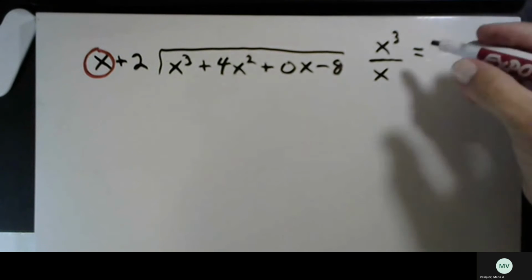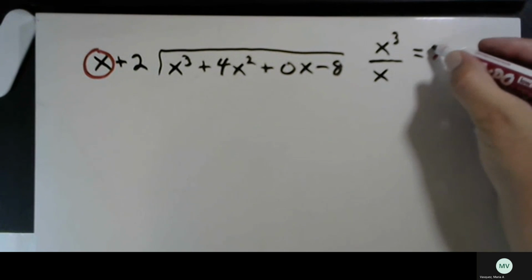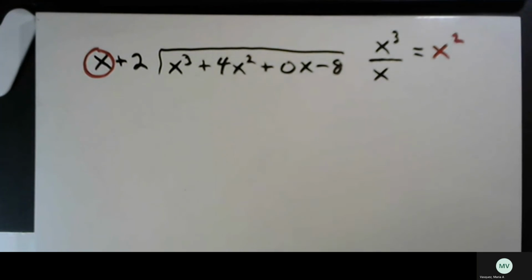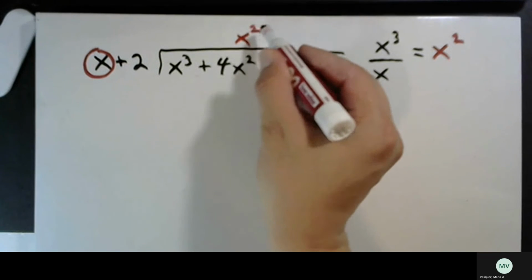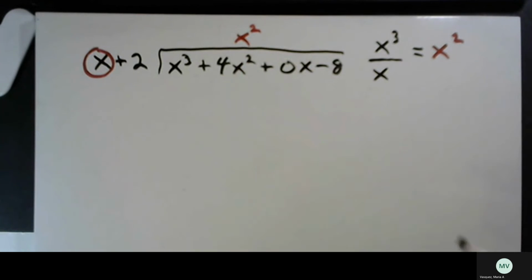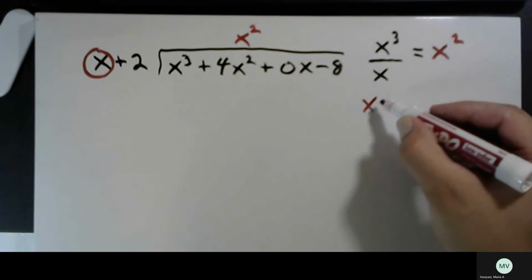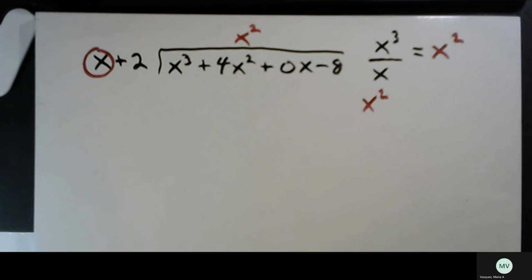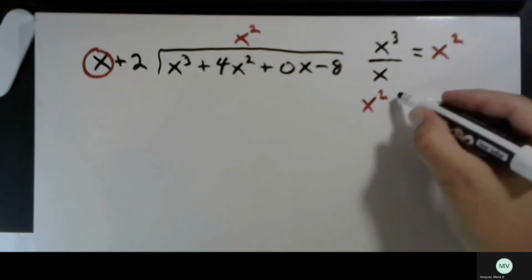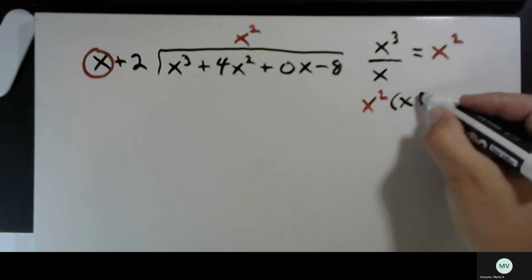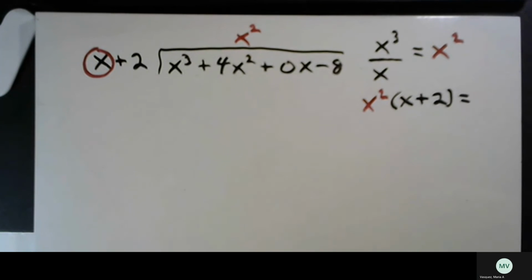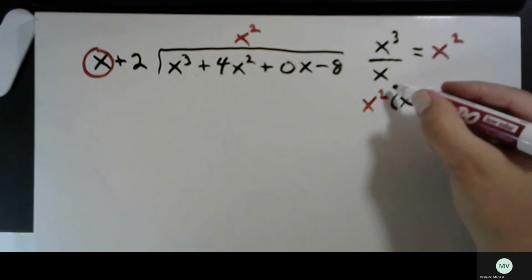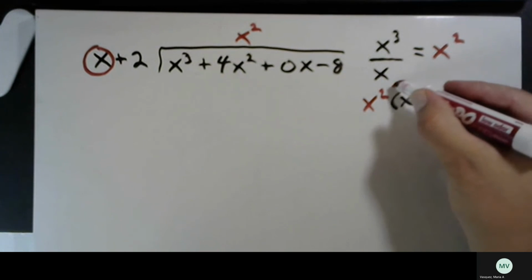So x cubed over x is x squared. So put that over the 4x squared, the degree 2 terms. X squared times x plus 2. And again, we'll distribute the x squared.